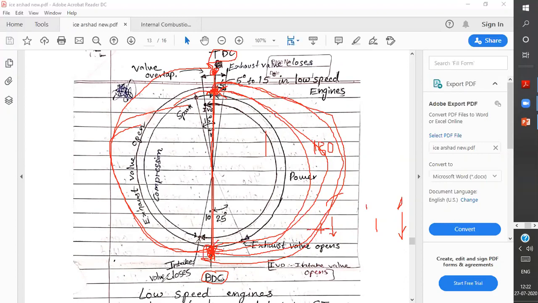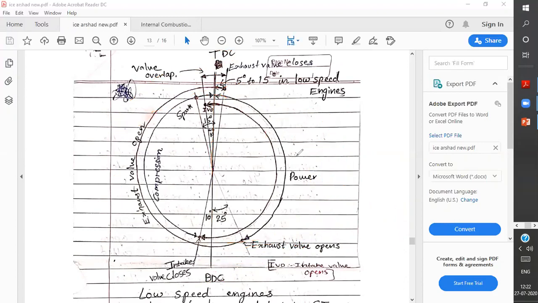What is happening in actual? All of you can see here now. In this diagram, I have written IVO, which means inlet valve opens. The inlet valve opens 10 degrees before the top dead center.